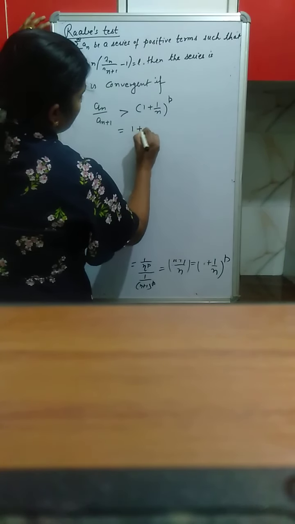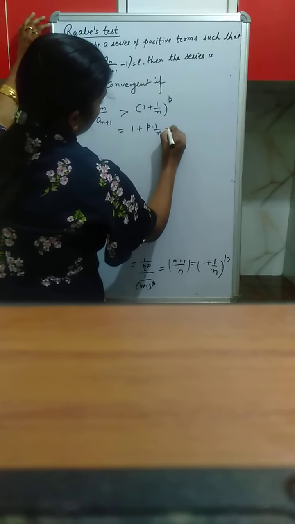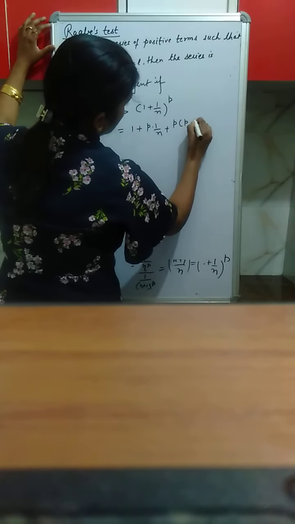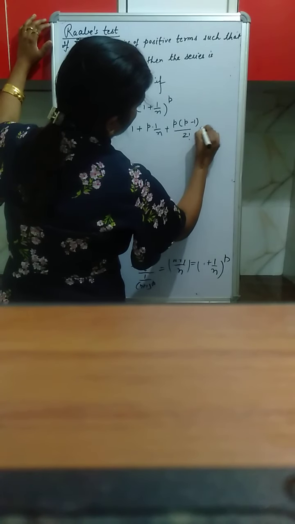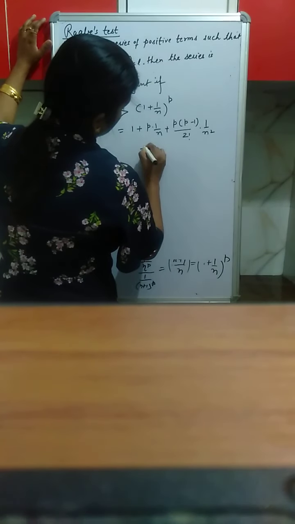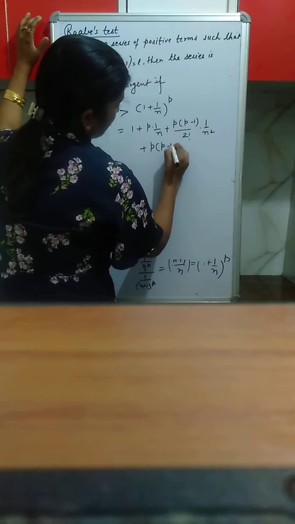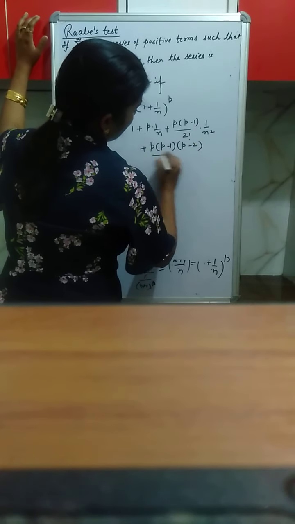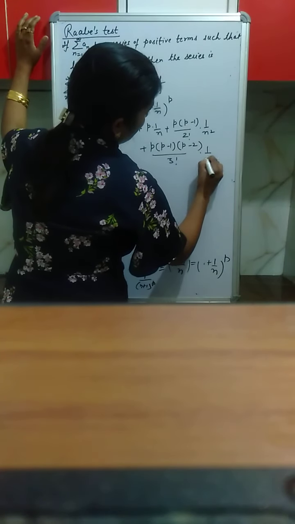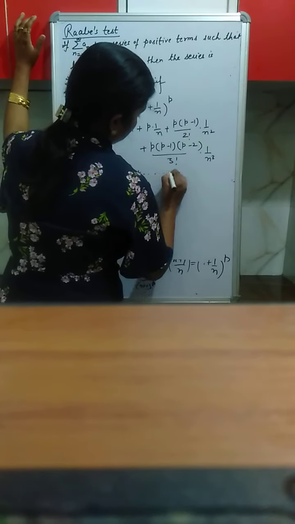So it is 1 plus P into 1 by n plus P into (P minus 1) by 2 factorial into 1 by n square, then P into (P minus 1) into (P minus 2) by 3 factorial into 1 by n cube, and so on.